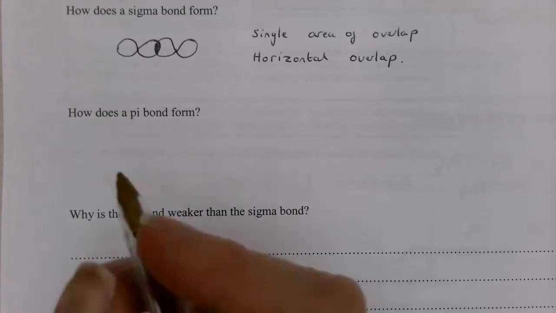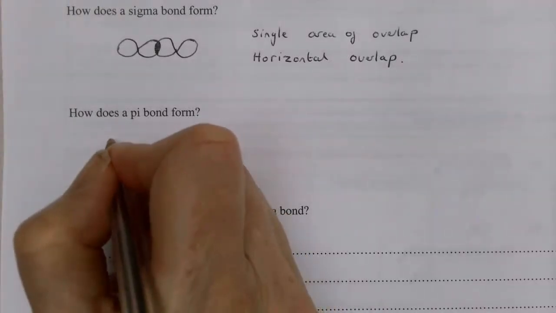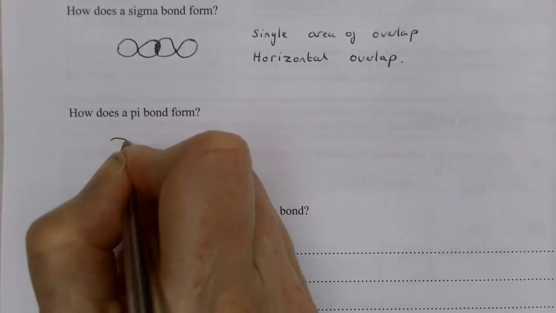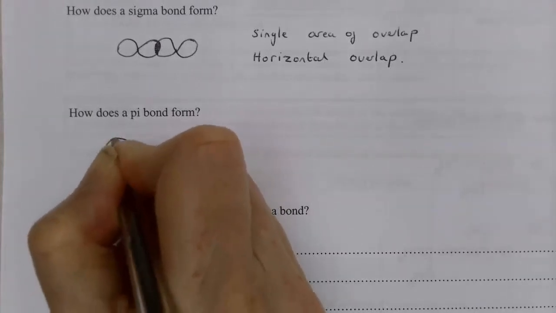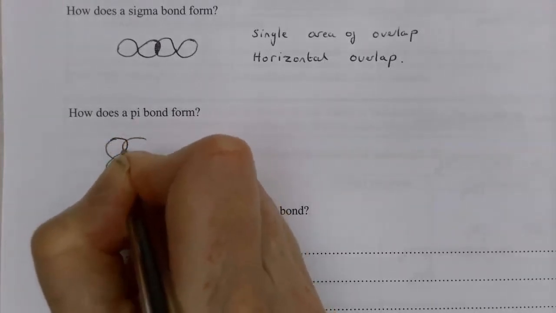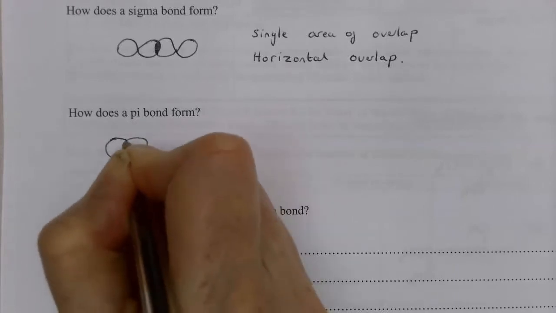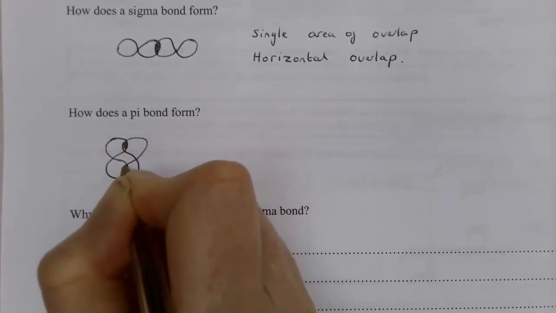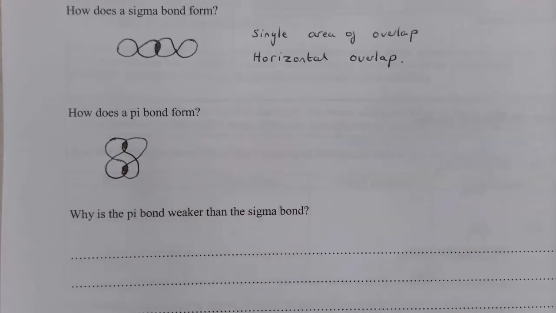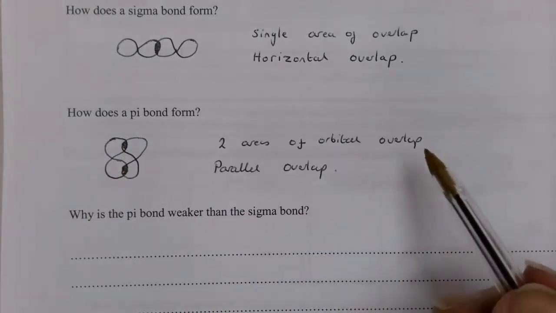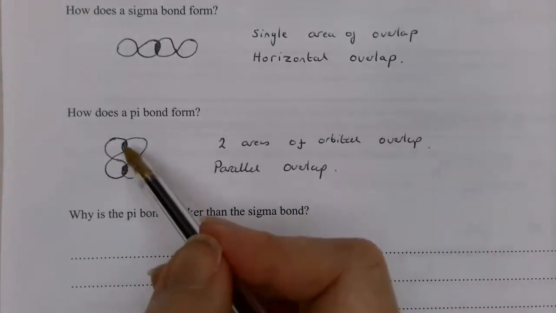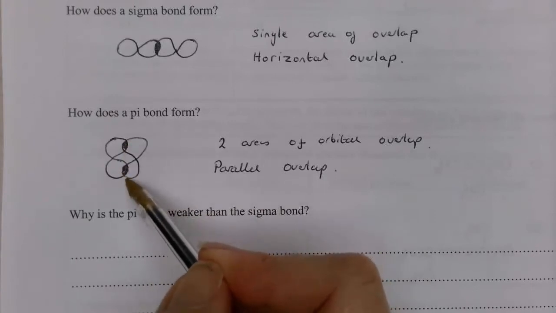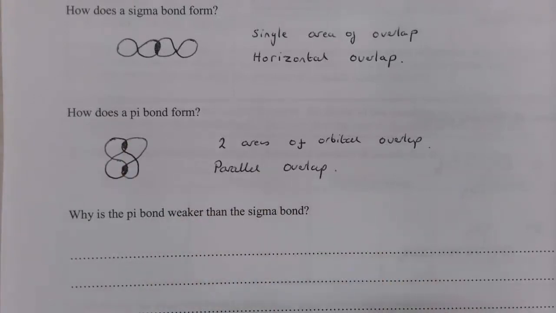parallel overlap. So, for example, if I draw again my p orbitals, there's one p orbital and it's overlapping and it's got an area of overlap here and here. So it has these two areas of orbital overlap. You can see them here in the shaded area, and it's a parallel overlap.